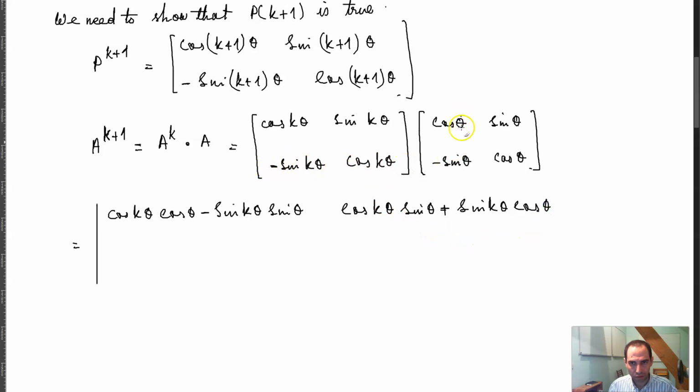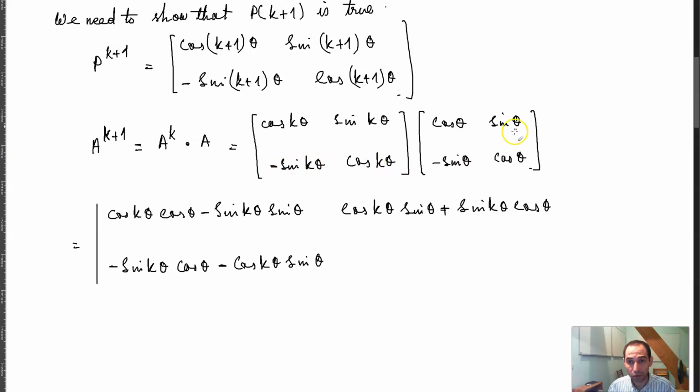And then the second row times the first column, you have negative sine k theta times cos theta, and minus cos k theta times sine theta.